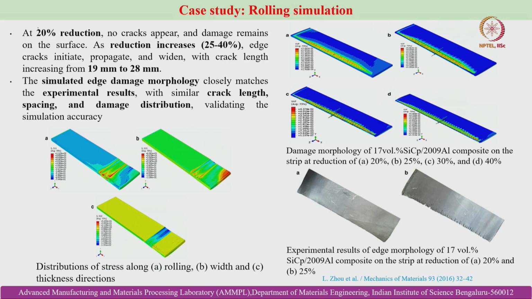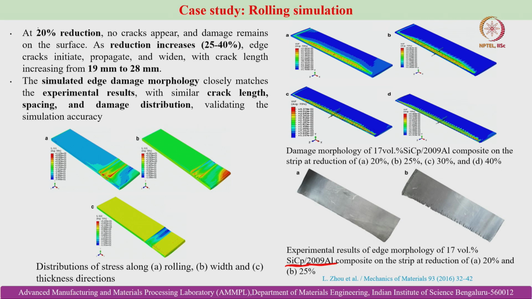Here is a typical example, a case study for rolling simulation, finite element modeling of the rolling process. The material here is a wrought aluminum alloy, a 2000 series aluminum alloy, and silicon carbide composite, that means a silicon carbide reinforced wrought aluminum alloy composite.